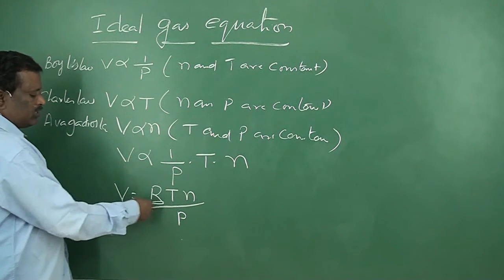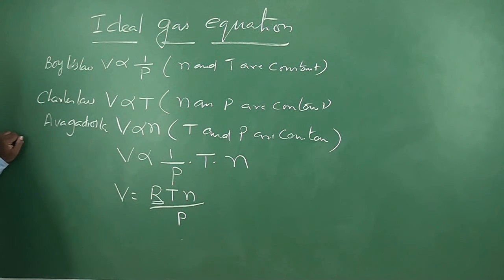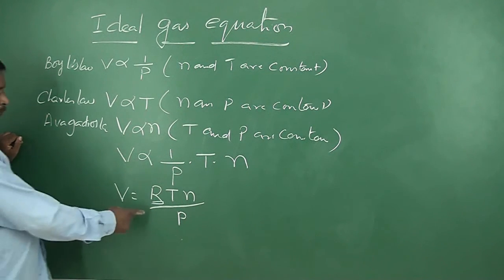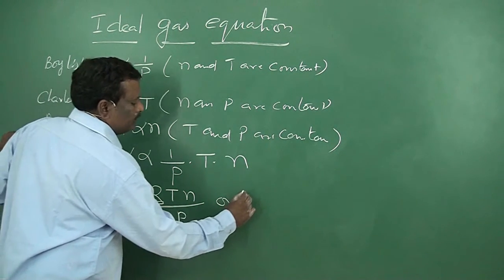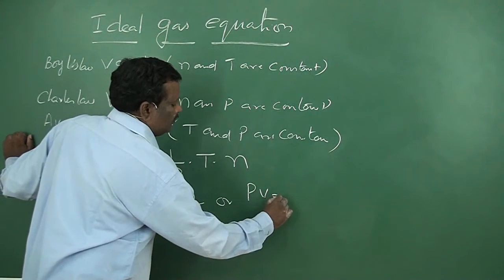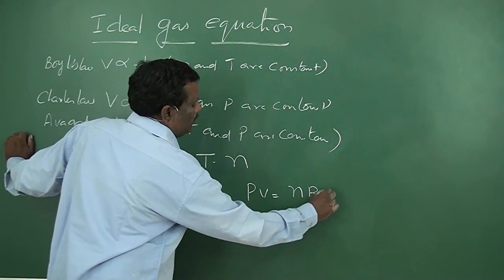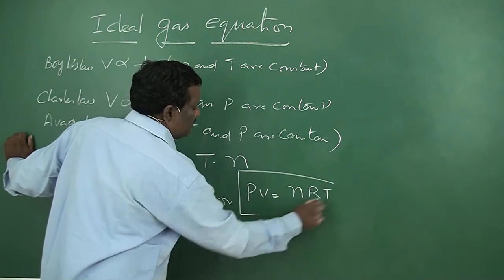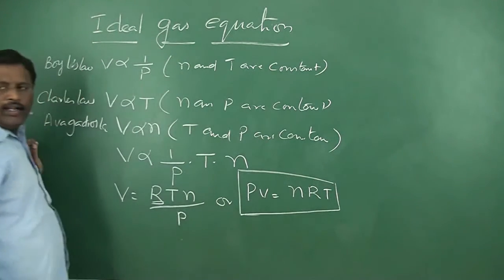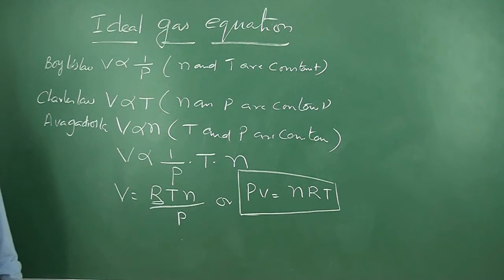where R is a constant which is known as universal gas constant, or PV is equal to nRT. This is one form of ideal gas equation.